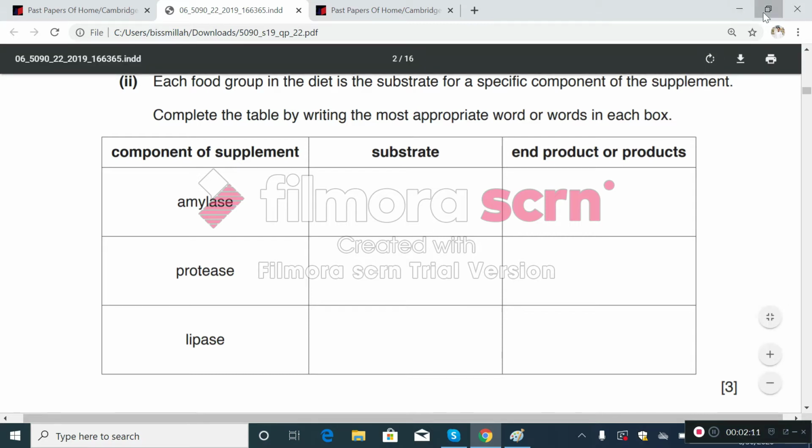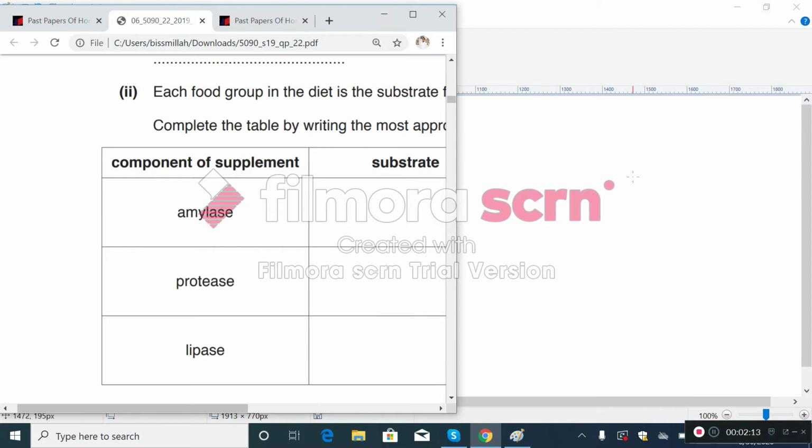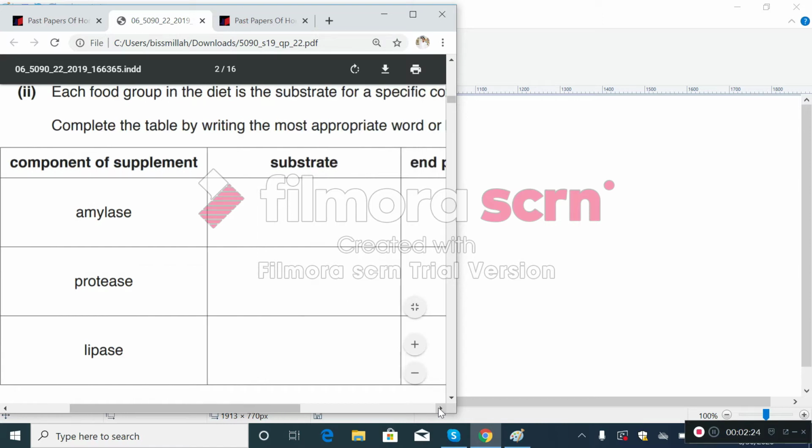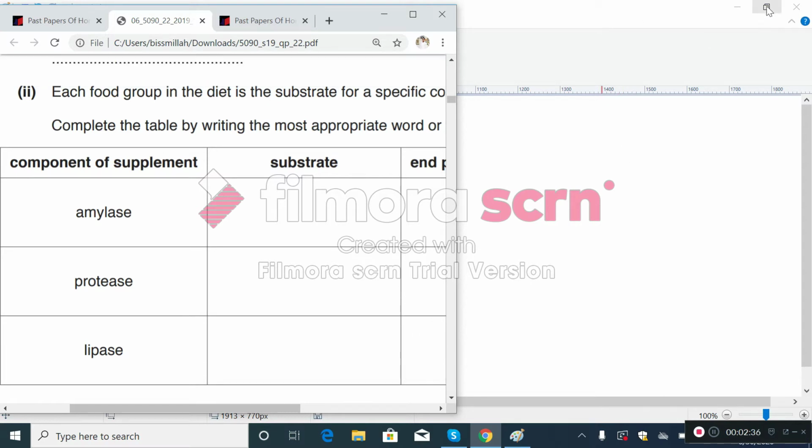In this question, we have been given the components of supplement: amylase, protease, and then lipase. These enzymes will be used to catalyze the reaction and to convert the substrates into the final products. So let's see what the answer will be.